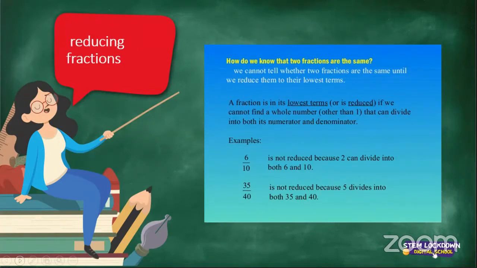So if you divide 6 over 10 by 2, you will have 3 over 5. 35 over 40 is not reduced because 5 divides into both 35 and 40, which will give 7 over 8.